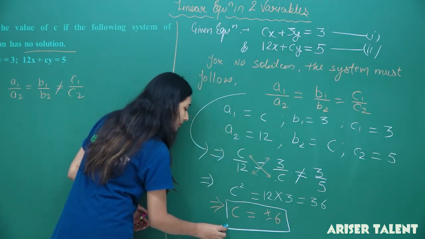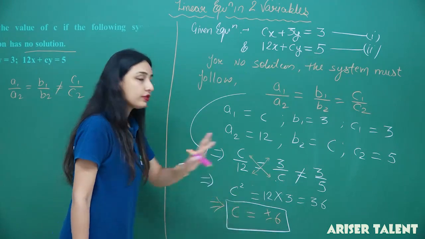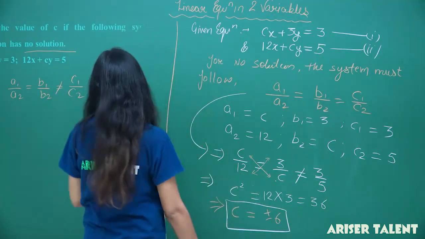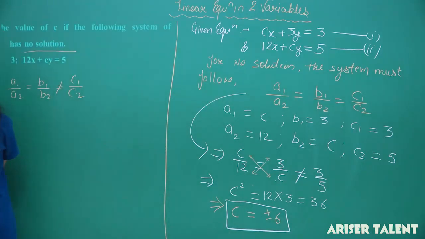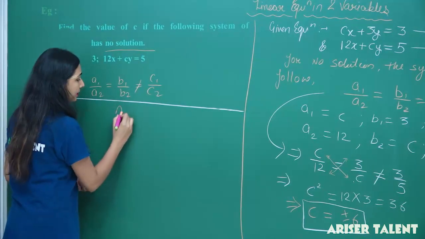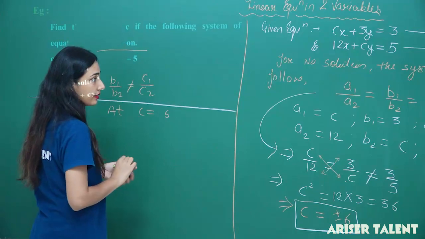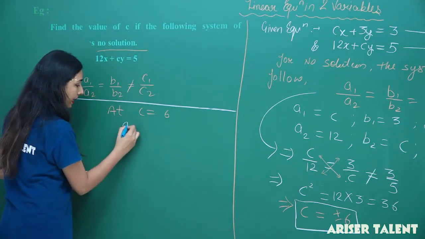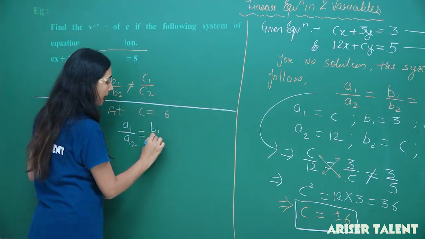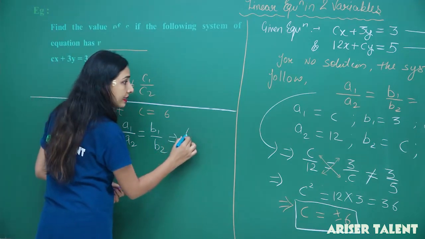Now, if C equals 6 and if C equals minus 6, what will happen? At C equals 6, A1 by A2 equals B1 by B2 implies 6 by 12.